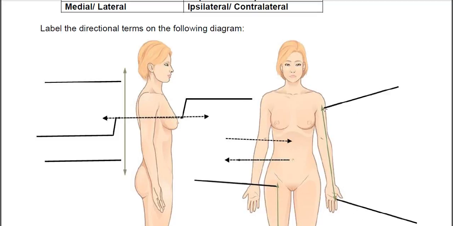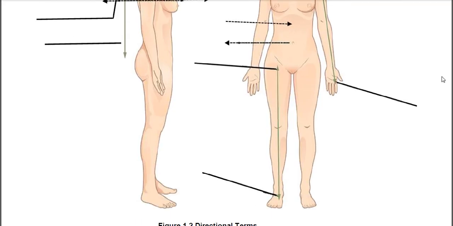So this is the proximal direction, and this is the distal region. The distal region is more distant from the connection point. So the elbow, we would say, is distal compared to the shoulder, but the elbow is proximal compared to the wrist. We use the same terms for the leg, and so this is proximal, and this is distal.